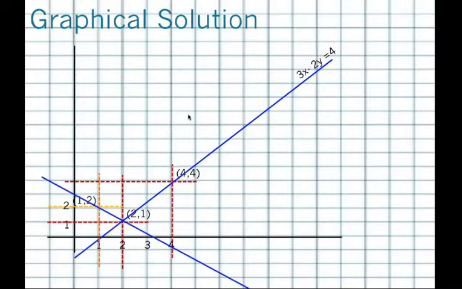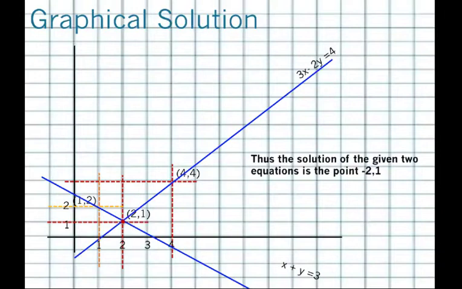And now draw a line between (1, 2) and (2, 1). This line intersects the first line at the point (2, 1) as you can see there, and if it intersects at (2, 1), this point represents the solution for the given two equations. So the solution of the given two equations is the point (2, 1).